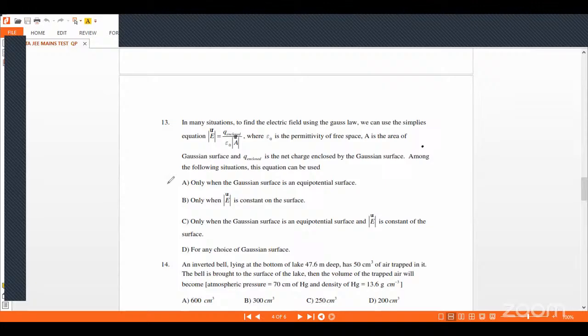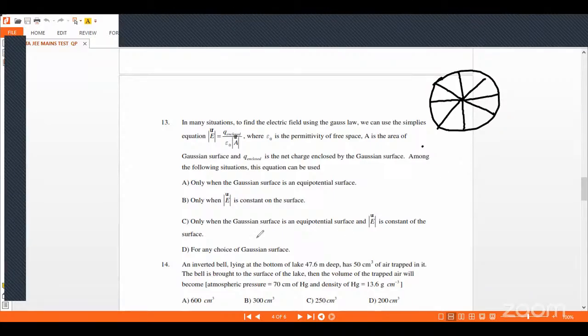The first statement: only when the Gaussian surface is equipotential. Only when E is constant on the surface. Only when the Gaussian surface is equipotential and E is constant on the surface. That means the electric field on the Gaussian surface will consider the total charge such that it will be an equipotential surface, because on the surface the potential will be constant everywhere.